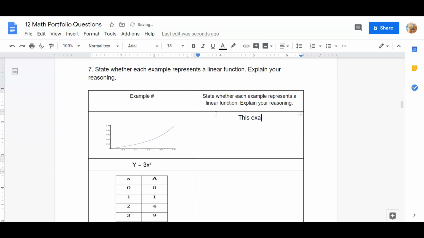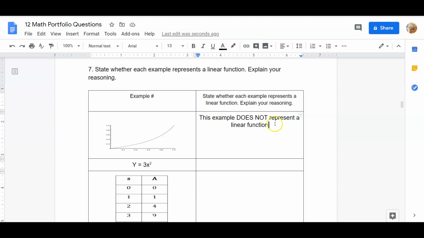This example does represent a linear function, or this example does not represent a linear function, depending on what you decide, right? So remember, to be a linear function, a graph has to have a straight line.